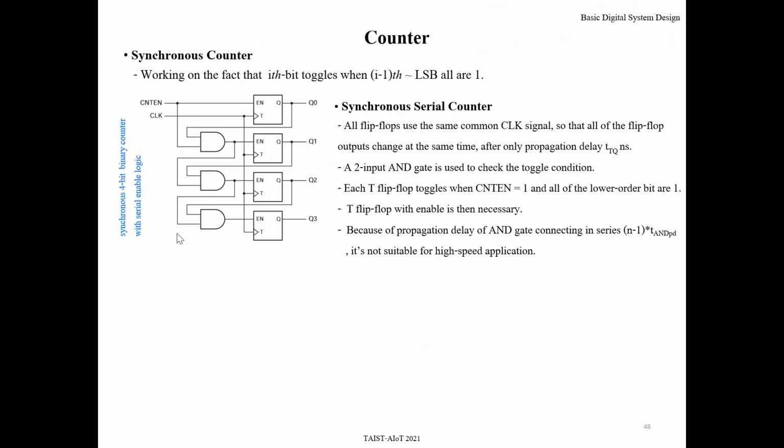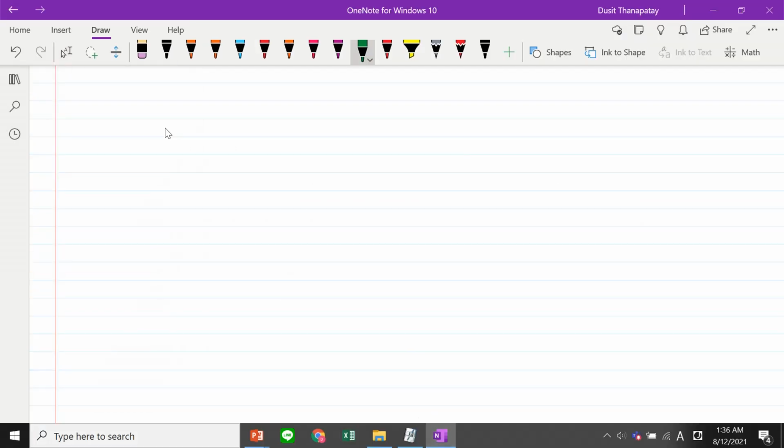Q3, Q2, Q1, Q0. It is the current state. Maybe 0, 0, 0, 0. Okay.